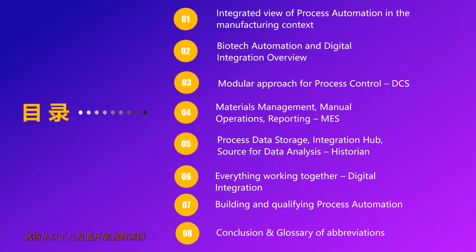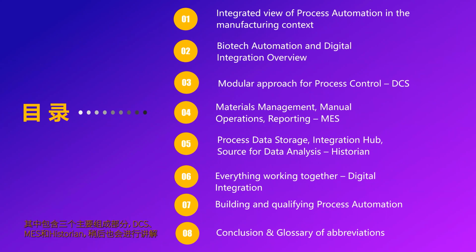So I will organize my speech into several chapters. I will first start with my integrated view of process automation in a manufacturing context, then go through biotech automation in a first overview.